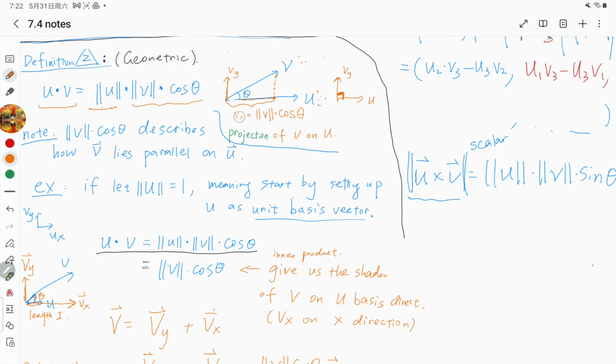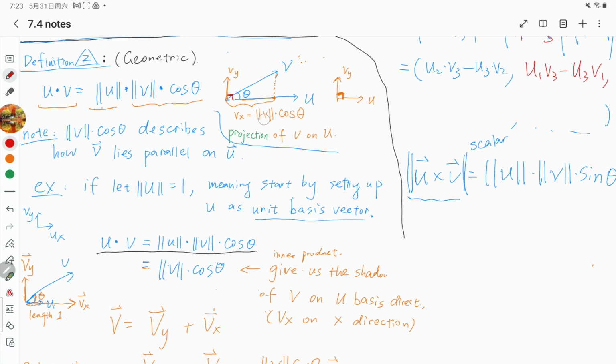So V minus this Vx, or V minus the norm of V times cosine theta, leaves us a component Vy which is orthogonal to U, which could be quite useful later when you go to university to construct orthogonal basis vectors, right?